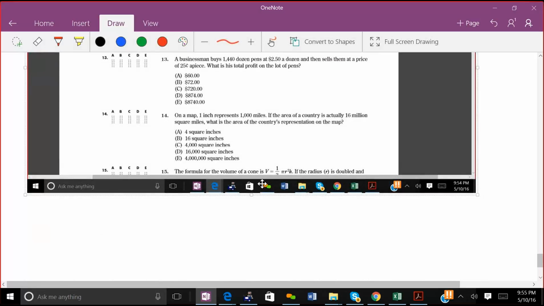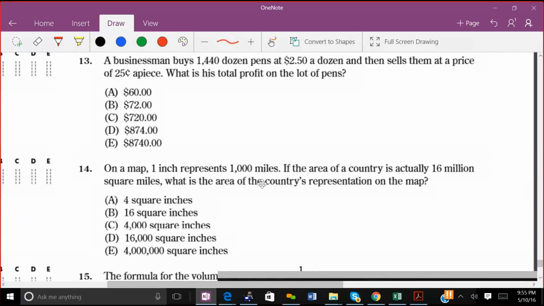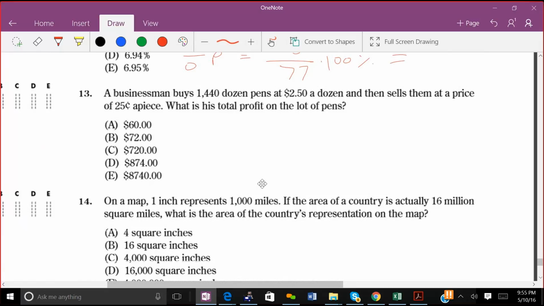Okay, number 13. A businessman buys 1,440 dozen pens at $2.50 a dozen, and sells them at a price of 25 cents a piece. What is his total profit on the lot of pens?